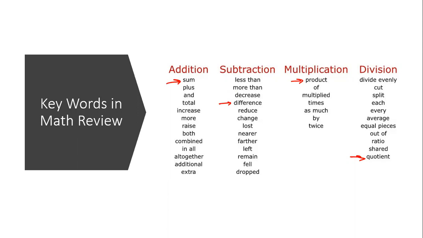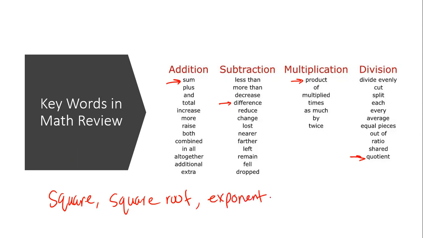Okay. Now, as we've progressed in our math classes, there are some other words that we have to operate with, right? Because do you only add, subtract, multiply, and divide? No, you do not. So as we've gone, we've learned that you can square something, right? You can take the square root, which is the opposite. You can find the exponent of something.